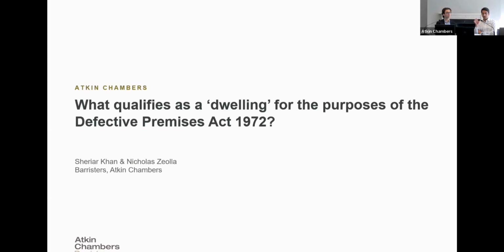We're then going to look at the two cases, both at first instance, that deal with dwelling within the meaning of the DPA. We're then going to look at two building type examples, student accommodation and care homes, and see how the analysis might apply in the context of those building types.